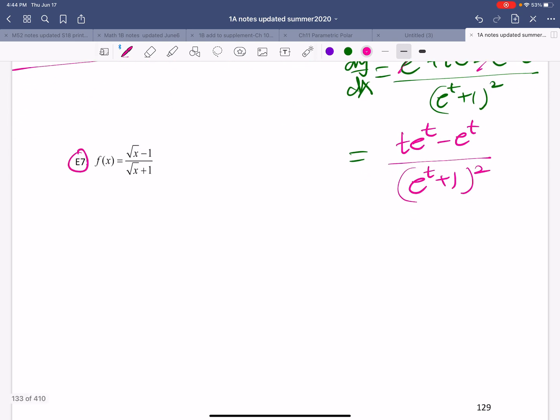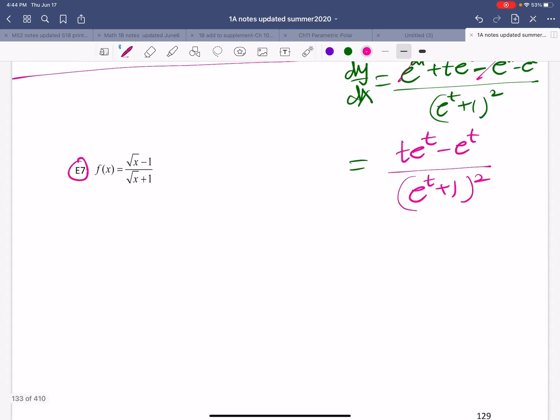Okay, now next example. Looks like I won't be able to write it as two fractions, so my only option here is the quotient rule, or I can rationalize and do some crazy things before I do the derivative. If I rationalize, does that make things any nicer? I'm going to give it a try and see what happens.